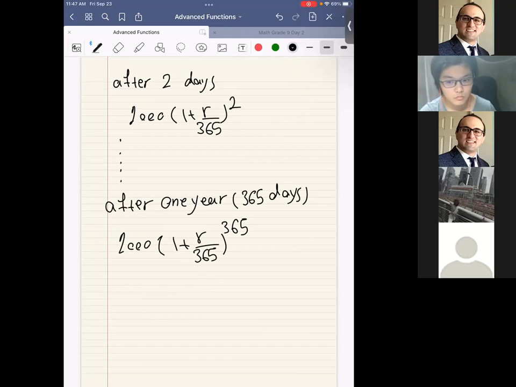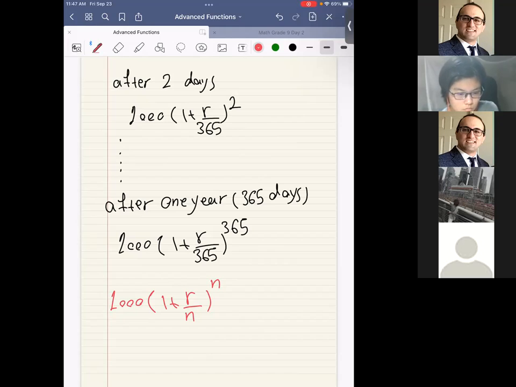Okay, now the question is, if instead of day, you compute hourly or each second, then you would get something like 1,000 times 1 plus R over N to the power N, where N is a very large number, right? If you want to compute in terms of hours or minutes or seconds, you have to divide R by N when N is a very large number, and then compute this power.